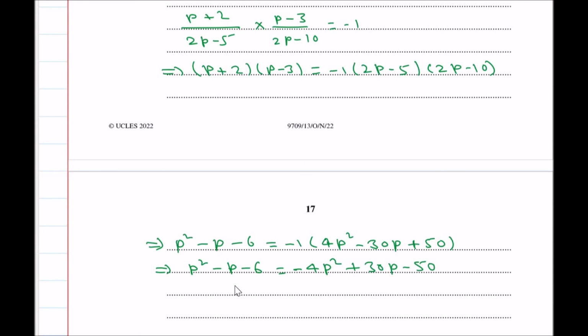Now bring all the terms to the left side and make the right side equal to 0. So p square plus 4p square minus p minus 30p minus 6 plus 50 is equal to 0.